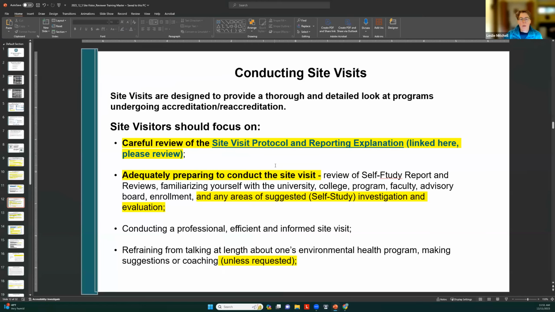Okay. So, like I said, there's a little typo. It's important to adequately prepare. The self-study reviewers are going to do their job to help you be prepared, and then you need to review the self-study report and the reviews themselves, and familiarize yourself with the university, the program, the faculty, advisory board, enrollment, and especially any of the areas that are flagged by the self-study reviewers.